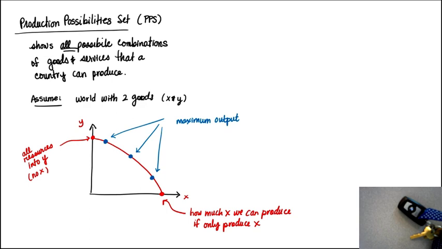In other words, at those points, we can't produce any more. But if we wanted, we could increase one and we could decrease the other.